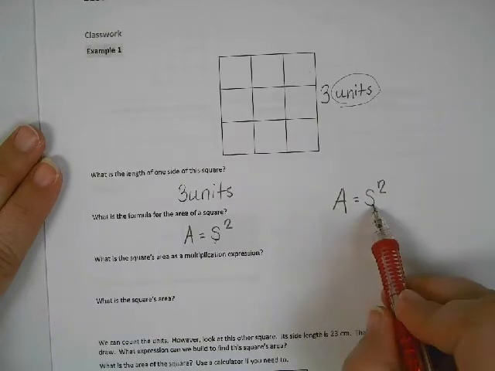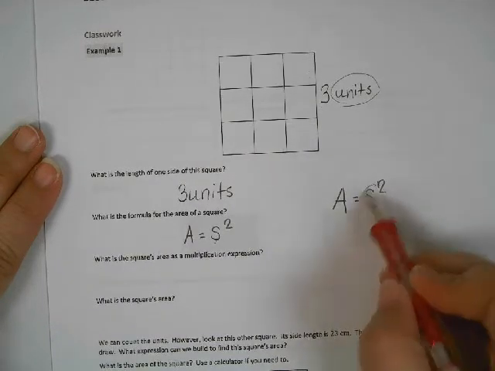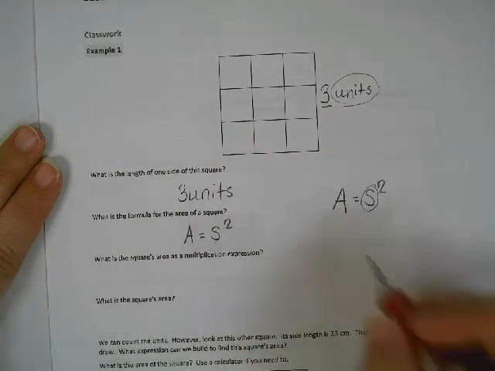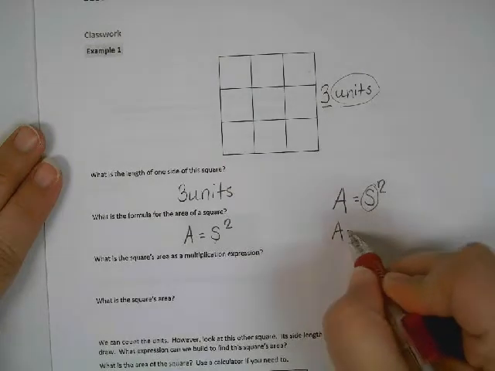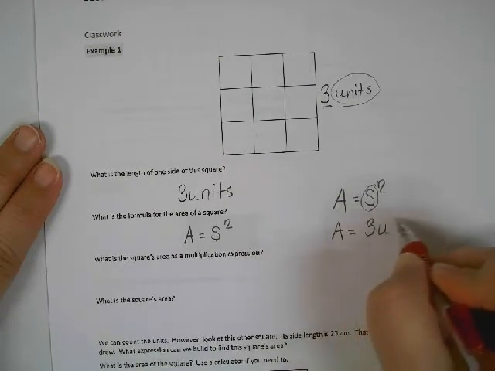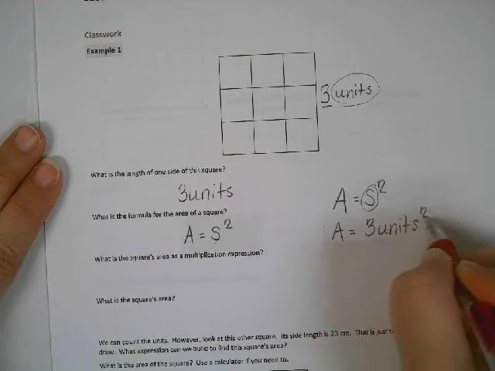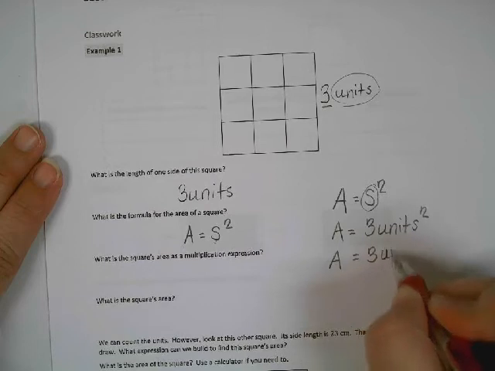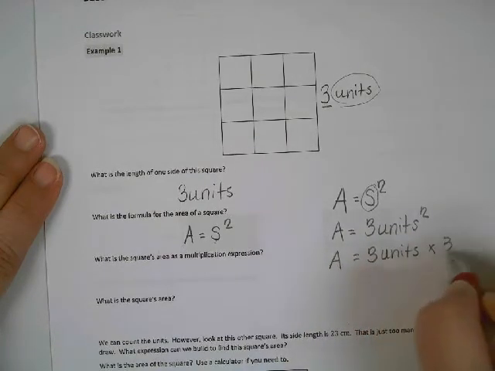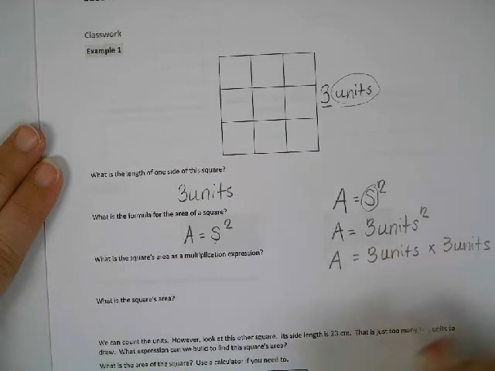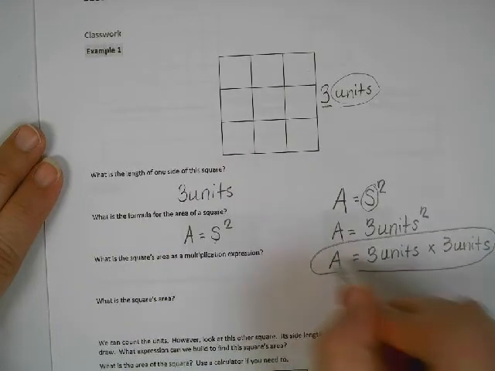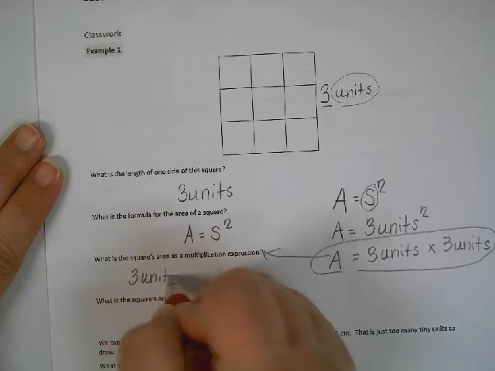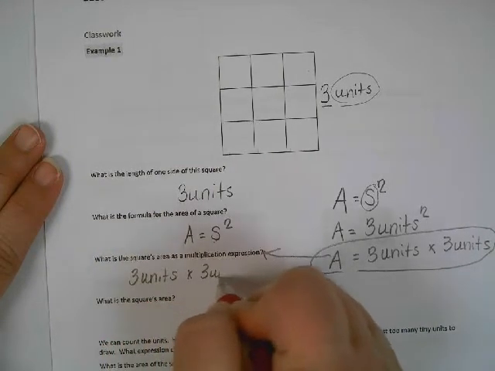And remember, in our formulas, we have to change this variable with the number that's represented in the object. So A equals 3 units squared. That's the same as saying A equals 3 units times 3 units. This is the multiplication expression.